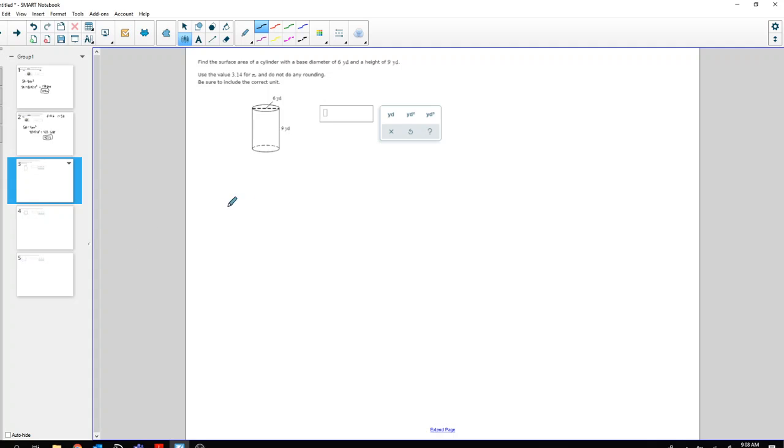Now this one here, we have the surface area of a cylinder. They give us the diameter of the base and the height of the cylinder. So my formula, and this is going back a couple weeks, for the surface area of a cylinder is 2 times the area of the base, which is pi r squared, plus the circumference of the circle, which is 2 pi r, times the height.